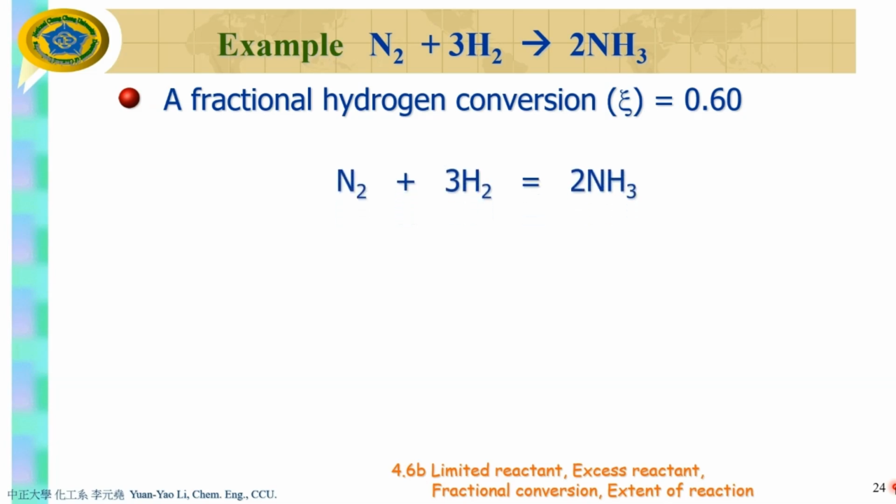So we understand that this is a kind of reaction where you need to have some argon in this reaction. Before reaction, we have 100 moles per second of the nitrogen into this reactor, and we have 300 moles per second of the hydrogen into this reactor.